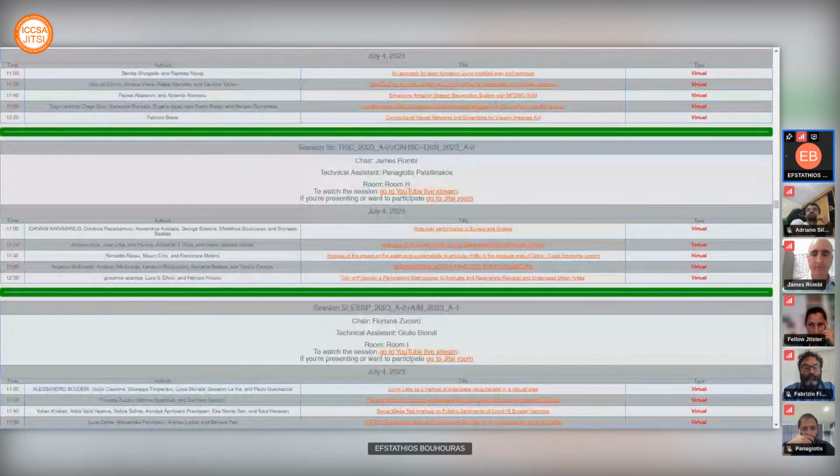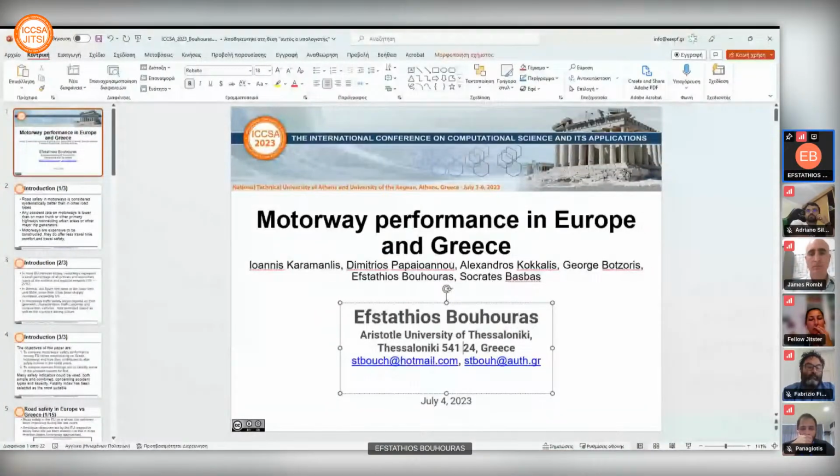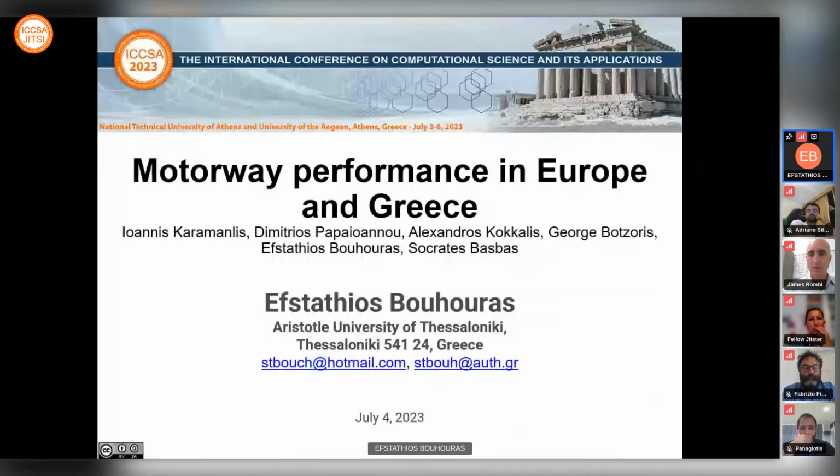I think I'm showing the wrong one, because I have two screens. At the moment we were seeing the program of ICCSA. Okay, I will try now. No, that's not it. I will try this. Okay, I got it. Now it's on full screen. Perfect. You can start your presentation.